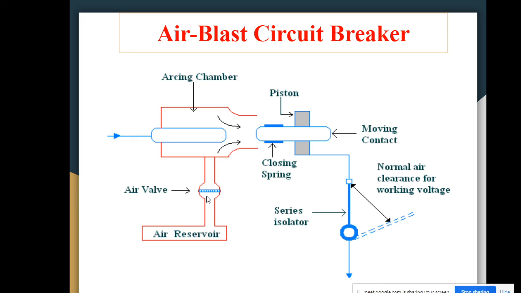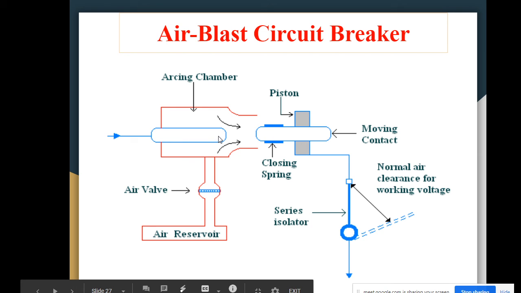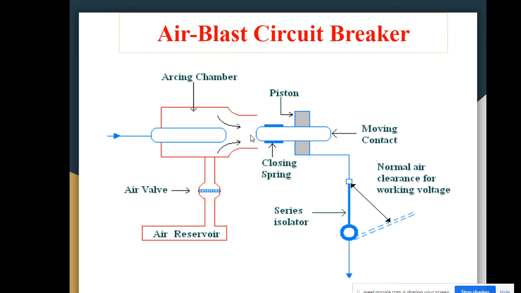This valve will be closed when the contacts are closed, right? There is one mechanism to close and open the valve. That mechanism is called the tripping impulse. So this tripping impulse makes the air valve close or open.